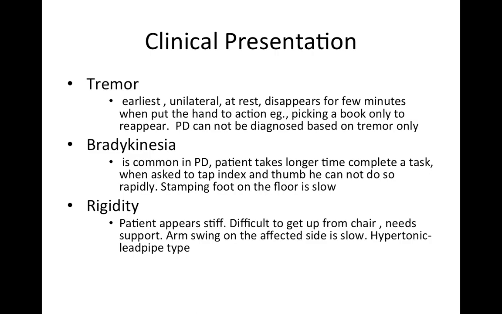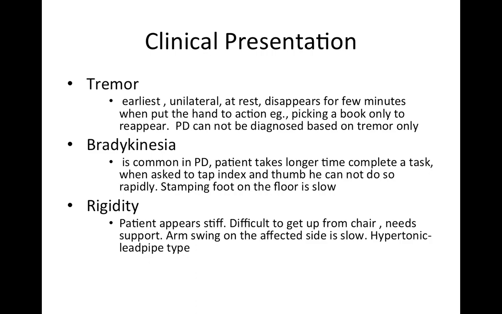How do you look for the tone of the muscle? Make a rapid passive movement across a joint. Look for the resistance offered for the movement. So increased resistance for passive movement around a joint is hypertonicity. It is lead pipe type.